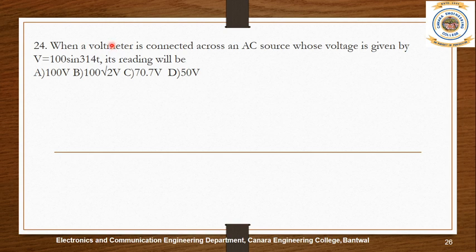Which value of this source voltage is read by the voltmeter? The voltmeter reads the RMS value. RMS value is equal to Vm by root 2. In this given source voltage, Vm is 100. So 100 by root 2 is 70.7 volt. So option C is the right answer.